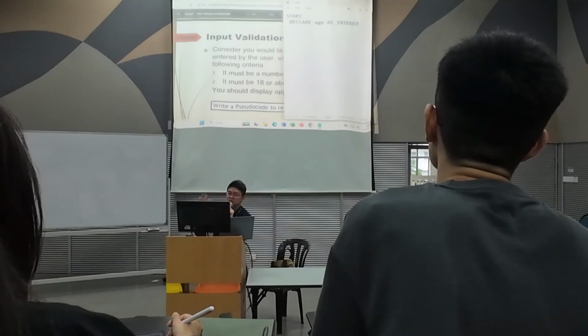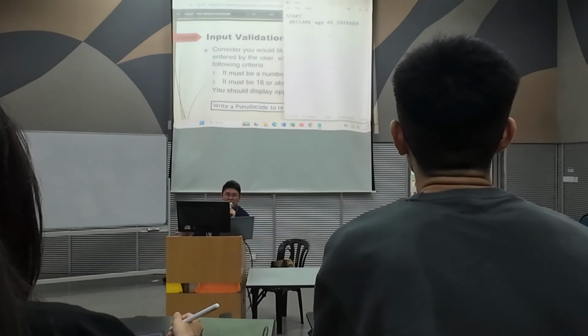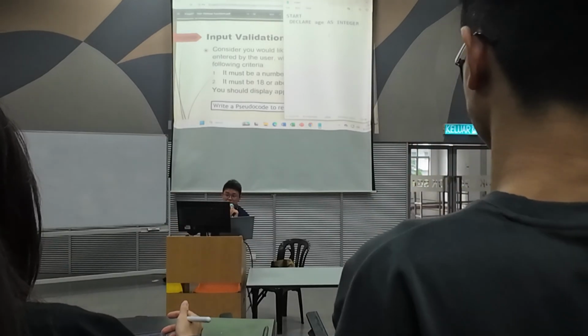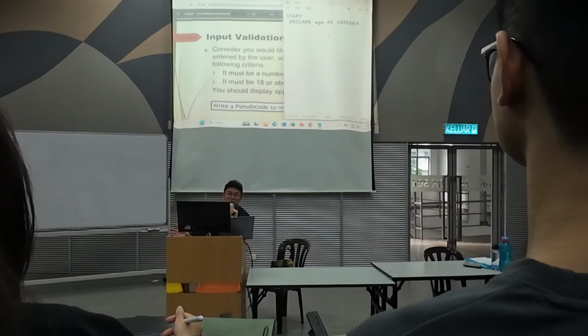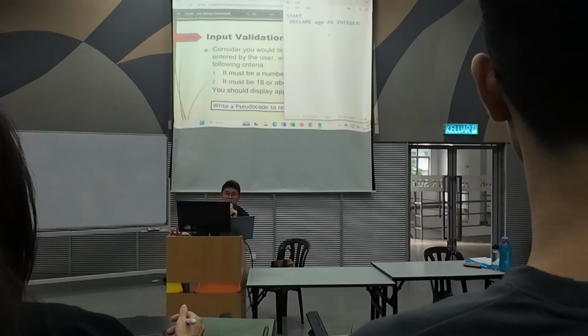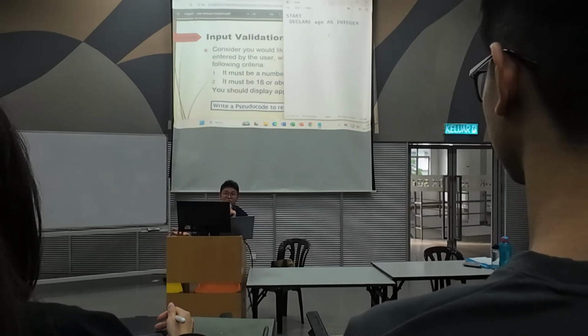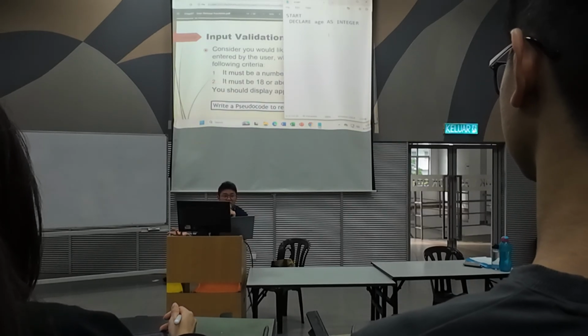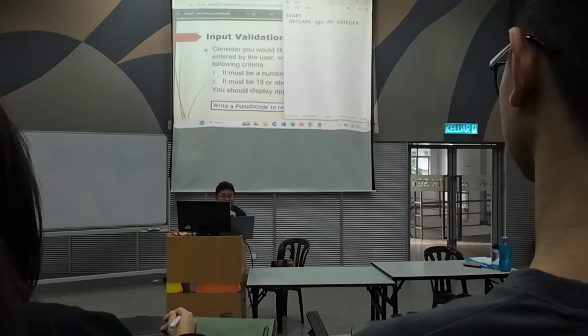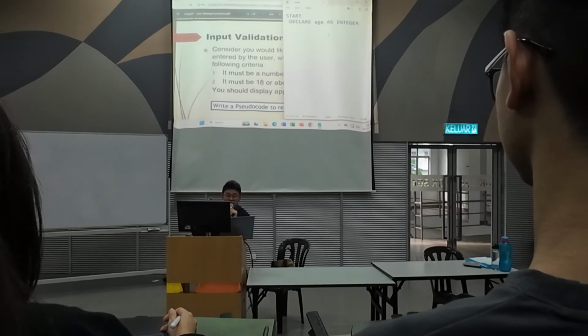So I declare the age as my integer. Age is always integer. You don't put double. Your age doesn't come with 25.5 or 19.9. So the data type is always integer for numbers.